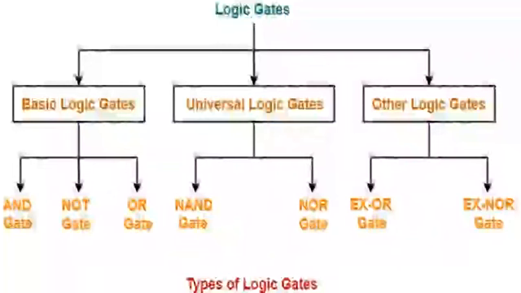Now let us see the types of logic gates. Basically, there are 3 types of logic gates: basic logic gates, universal logic gates, and other logic gates. Now let us see the types of basic logic gates. There are 3 types of basic logic gates: AND gate, NOT gate, OR gate. There are 2 types of universal logic gates: NAND gate and NOR gate.